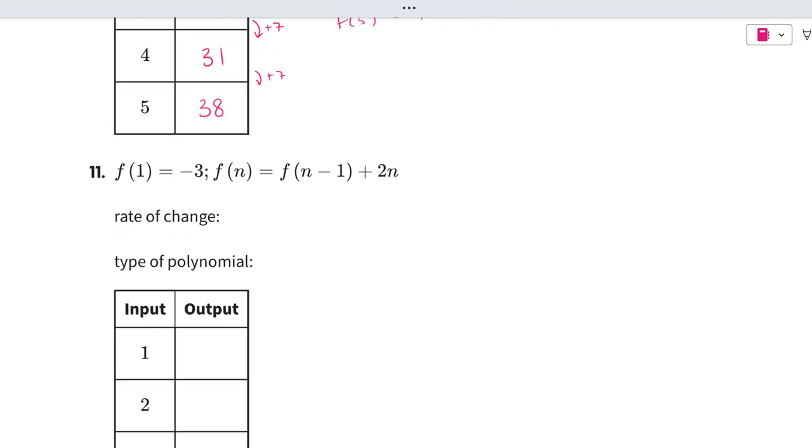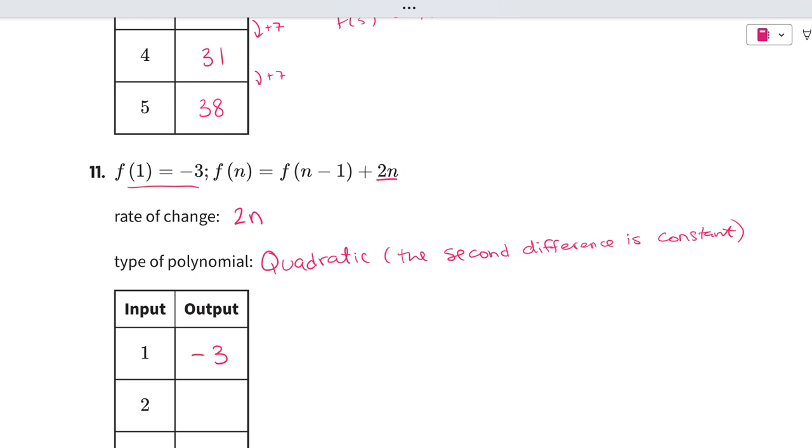Okay, question 11. The rate of change is 2n here. So because there's that n here, this is a quadratic. Quadratic. The second difference is constant. Right? So we have that first term tells us f of 1 is negative 3.